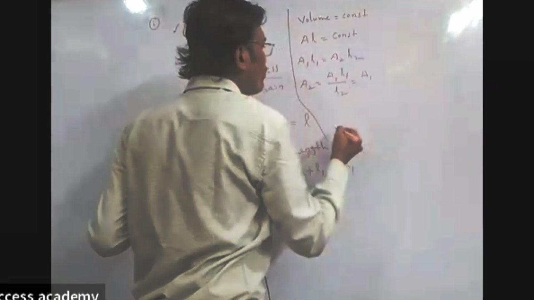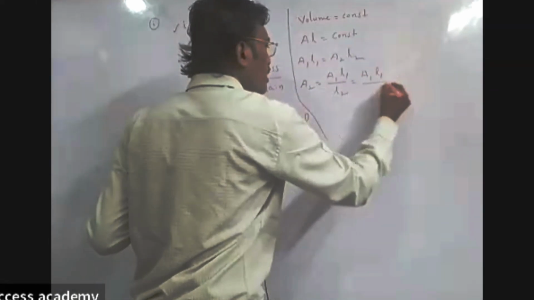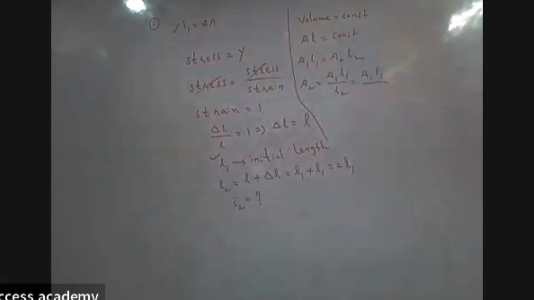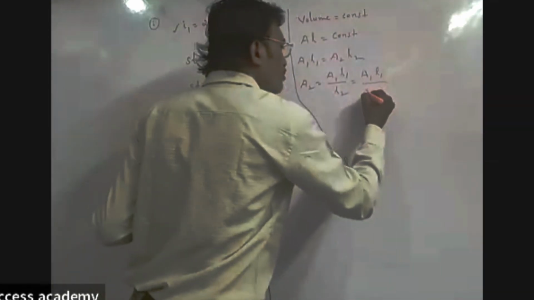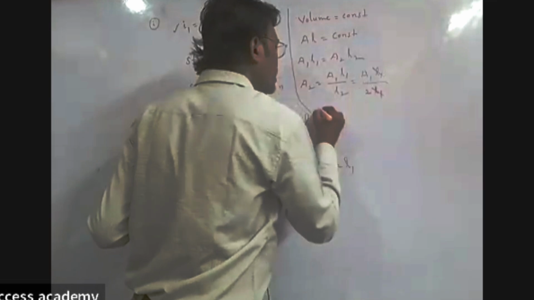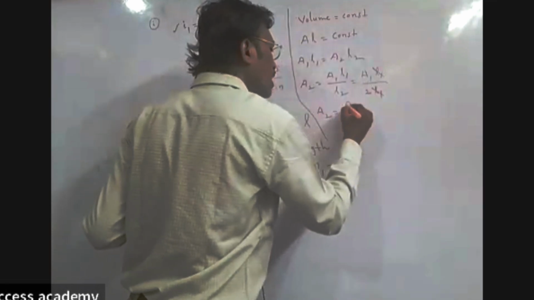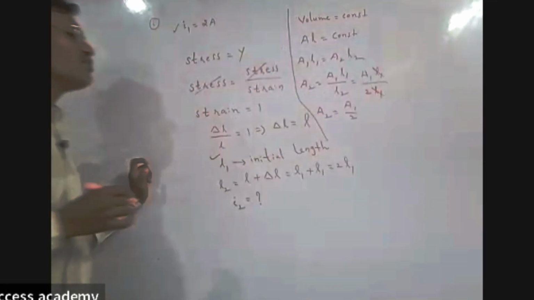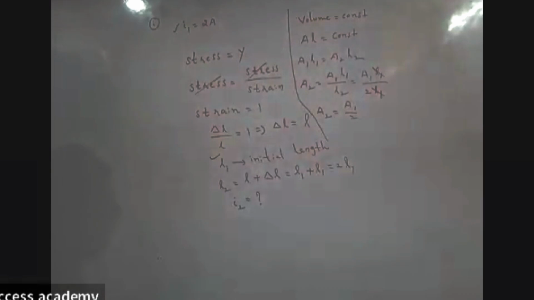L2 is equal to 2L1, then L1 gets cancelled. A2 is equal to A1 by 2. The area of cross section of the second wire is half the area of cross section of the first wire.